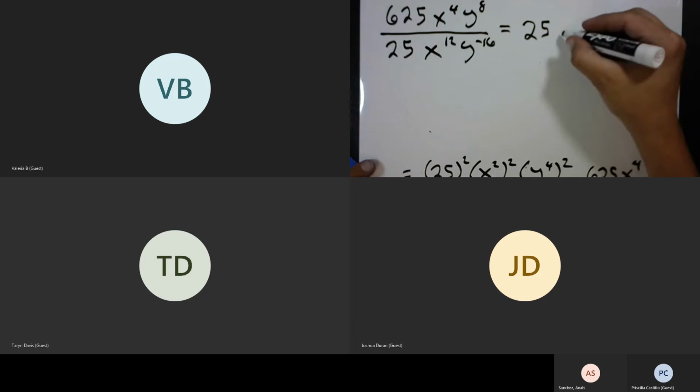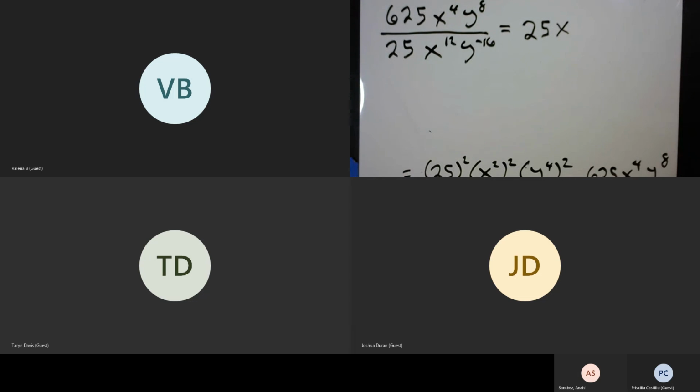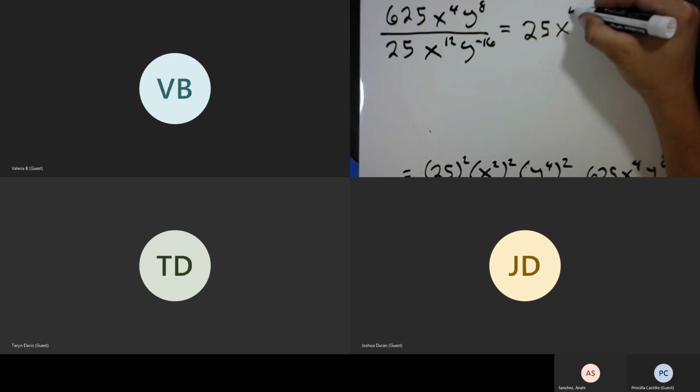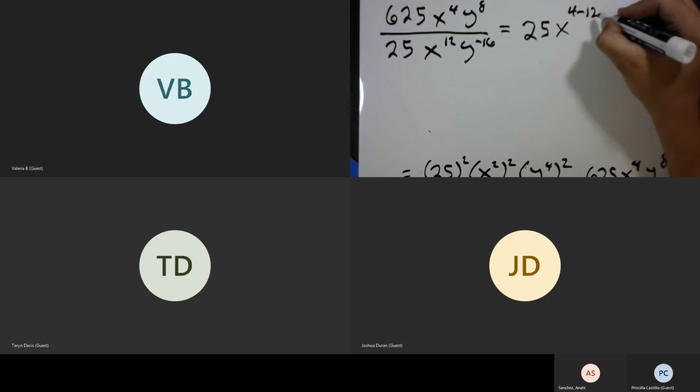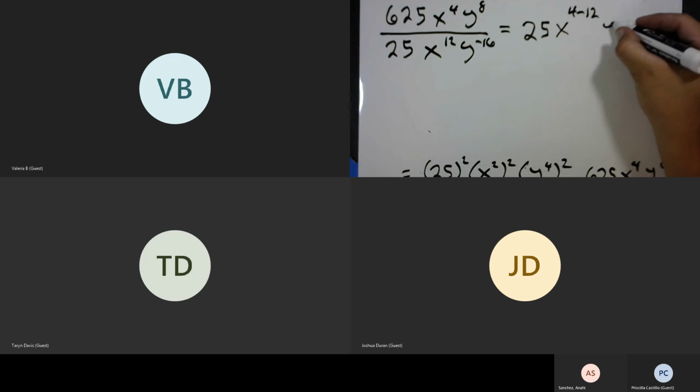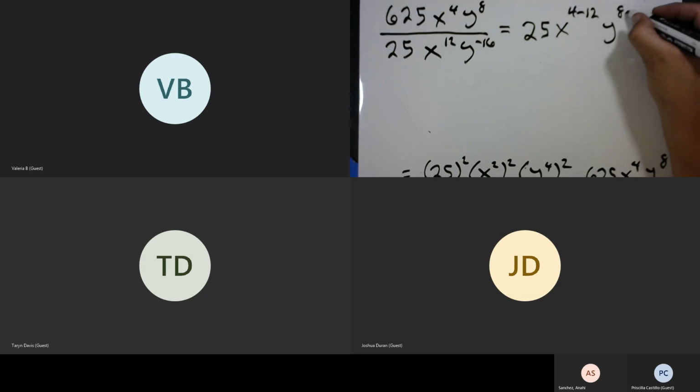This will be x to the 4th. And we always do the top number subtracting the bottom number. It doesn't matter which one's bigger or smaller. It's always top minus bottom. And this is going to be 8 minus negative 16.